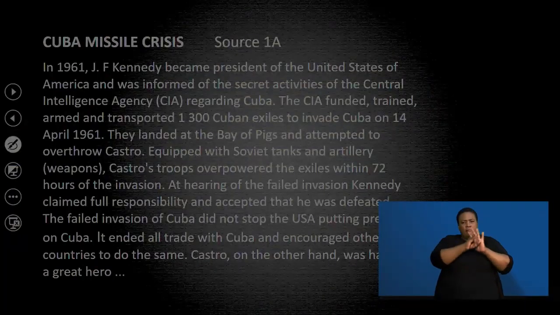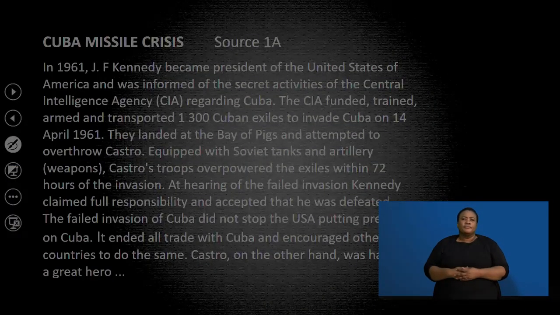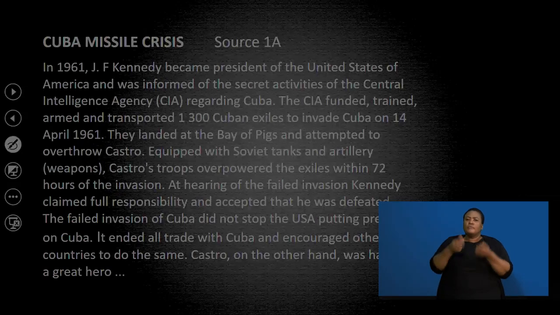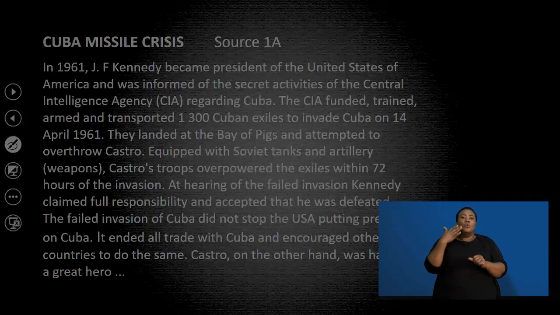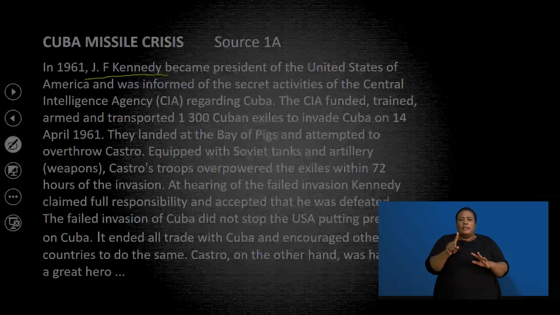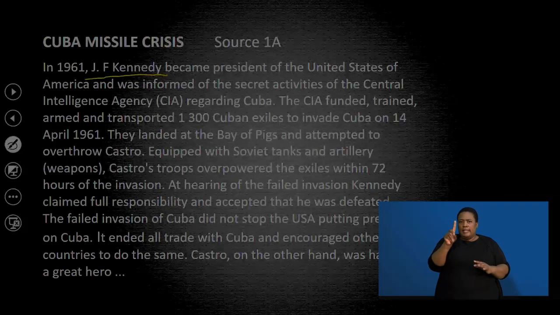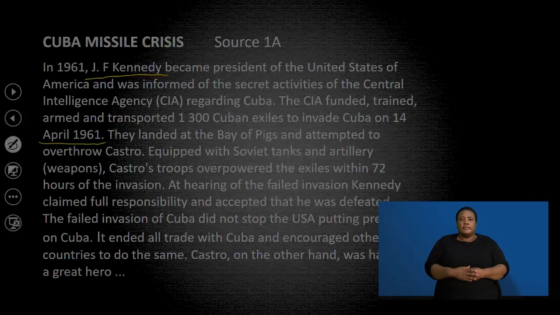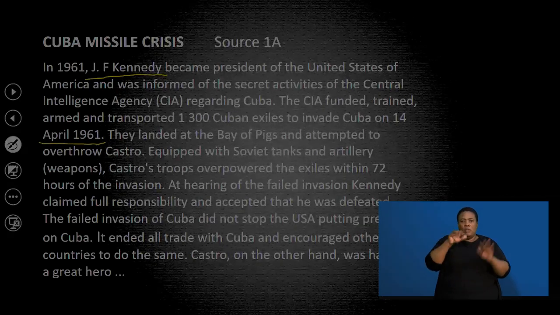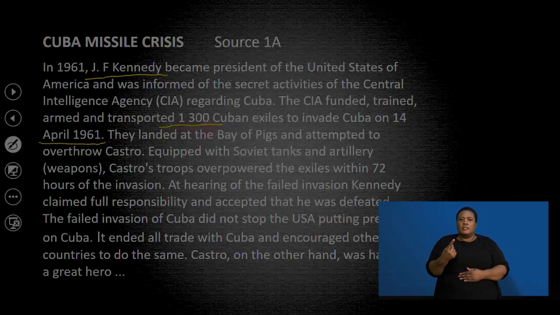Okay, now this is the next part of the source. It tells you that in 1961, J.F. Kennedy, so that's another one that we need to underline, became the President of the United States. So this is now going to be another key figure that you will have to remember. Okay, then another date here is April 1961. Don't worry about the figures, even though they can be asked.